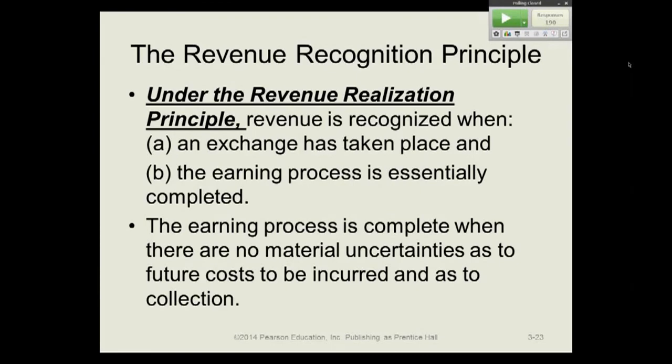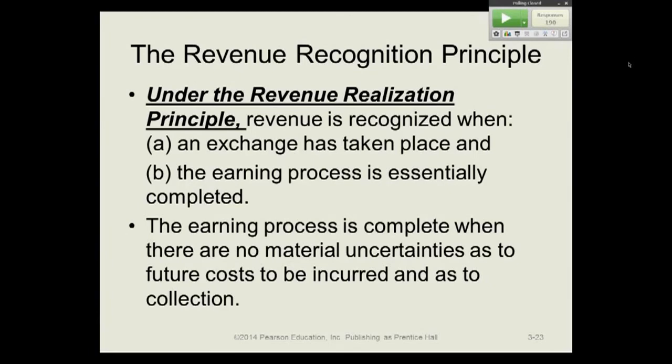Now, collectability, as we said earlier, if you have some question as to collectability, you would try to estimate the amount you're going to collect. The question now is, what costs do you have in the future when you sell a product? You sell a product, you walk away. Warranty, yeah. A lot of companies will have warranties.